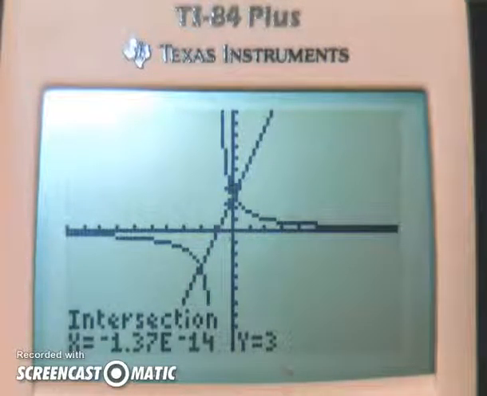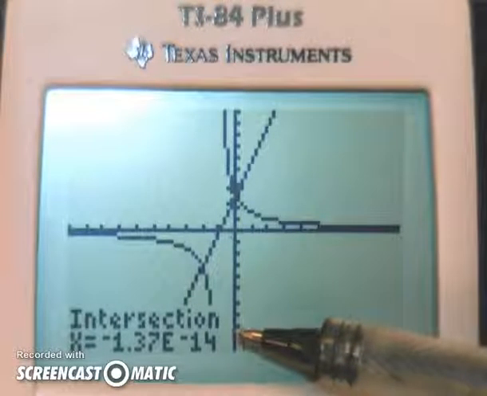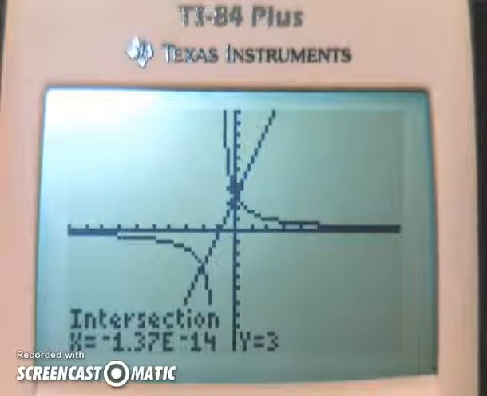So, I got this answer that looks a little strange. -1.37 e to the -14th power. That is -0.0000000000000137. That is an exceedingly small number.